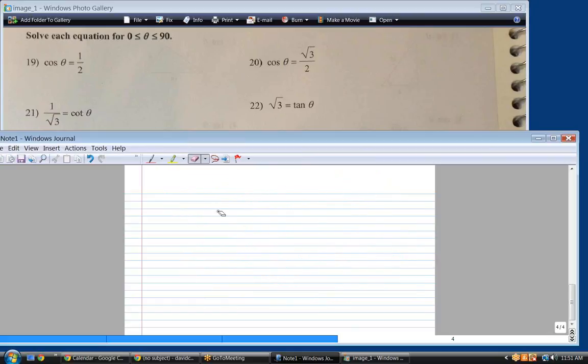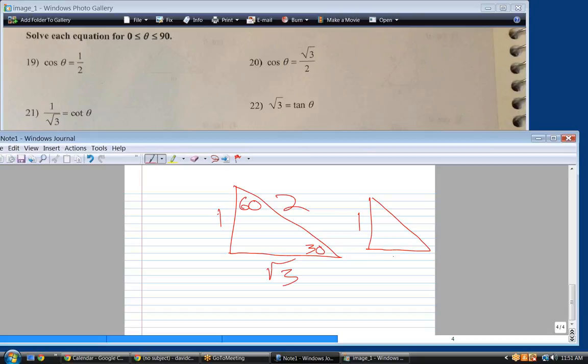You want to be able to do this based on these 2 triangles. Let's look at these 2 triangles again. How are they dimensioned? 1, square root of 3, and 2. And this one? 1, 1, square root of 2.